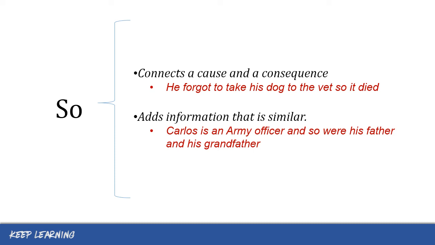Also, you can translate it as de la misma manera, which is a little extensive, but you can do it. And you can understand that Carlos is doing the same thing his father and his grandfather did. Okay, so that's another way you can use so.